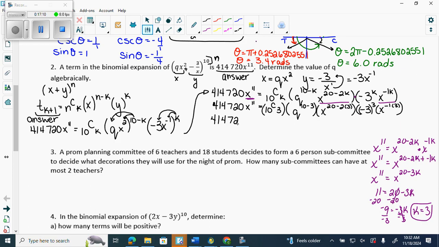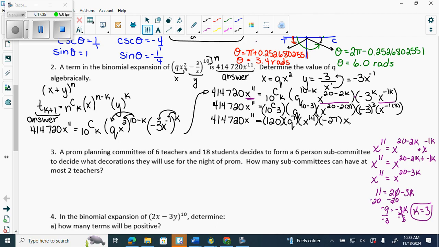So I get 414,720 x to the 11 equals 120 times q to the 7, x to the 20 minus 6 is 14. What's negative 3 cubed? Negative 3 times negative 3 times negative 3. Negative 27.